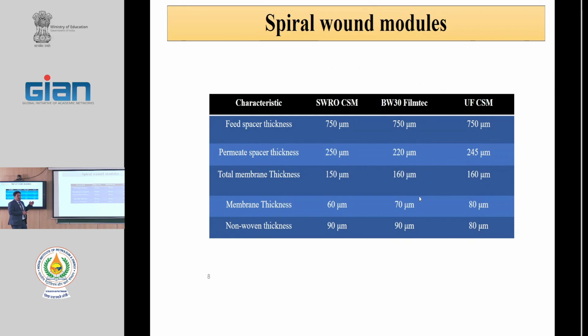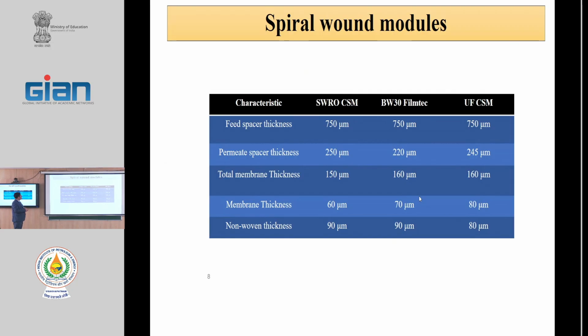Therefore, before spiral wound modules, we need pre-treatment for removal of particles, usually using a cartridge filter for removal of solids.